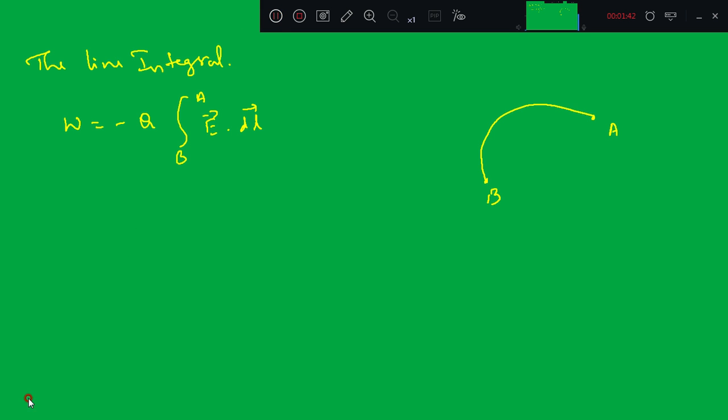So the work done is given as W is equal to minus Q integration B to A E dot dl.